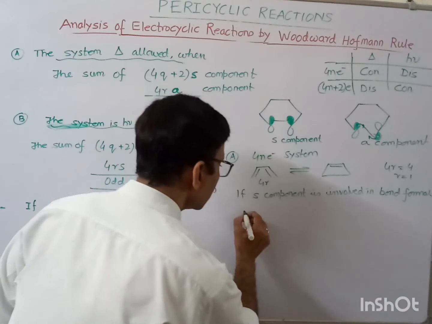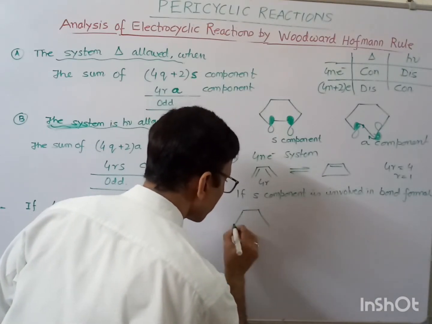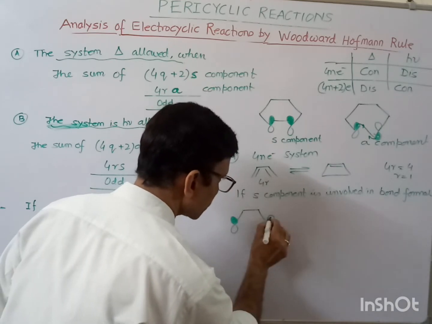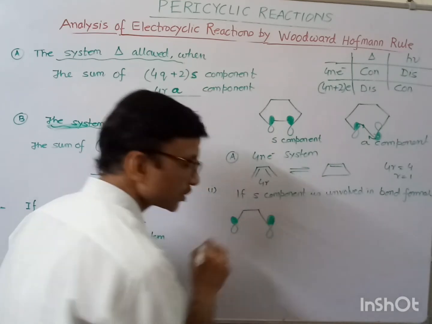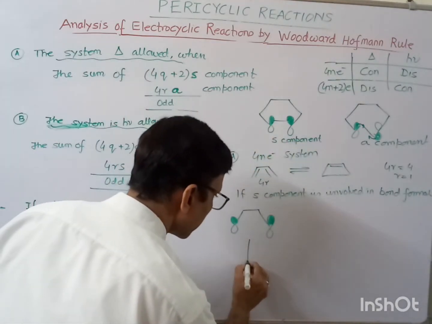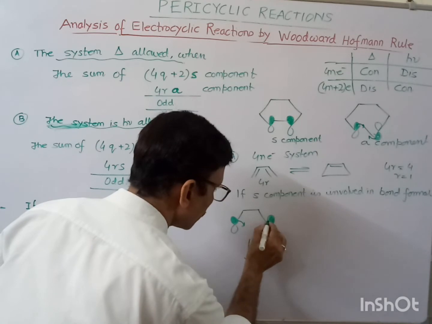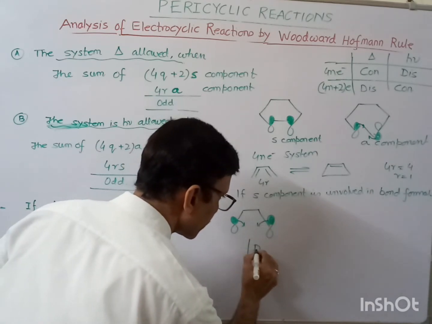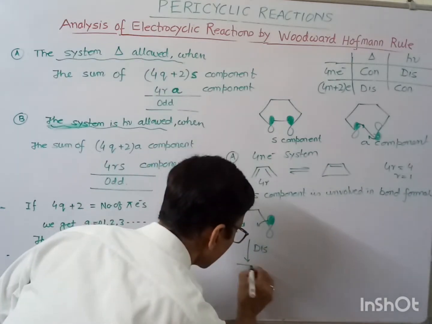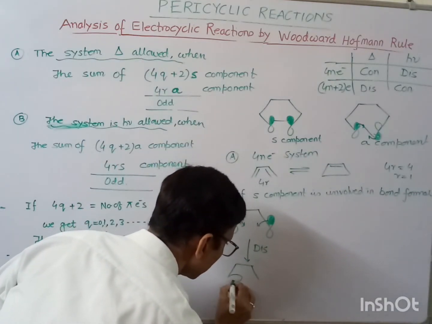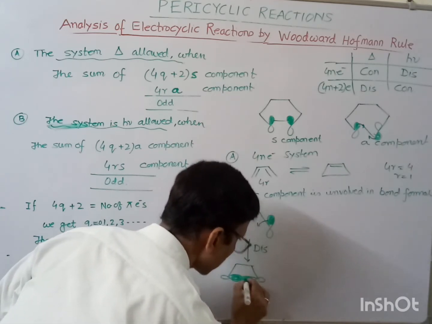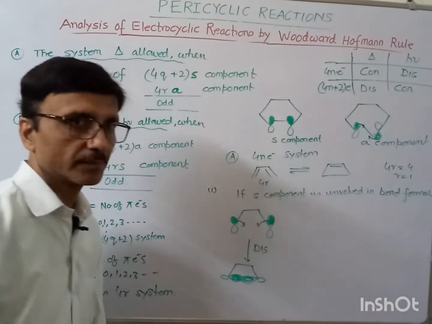This is the S component. Then it may undergo bond formation when disrotation of orbital takes place. Now you will get the bond, and we will get this product.